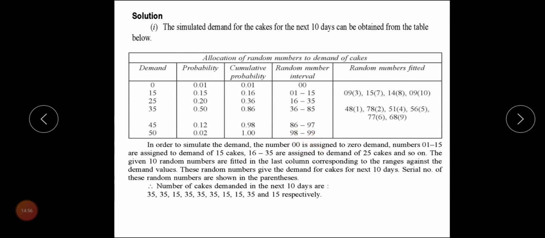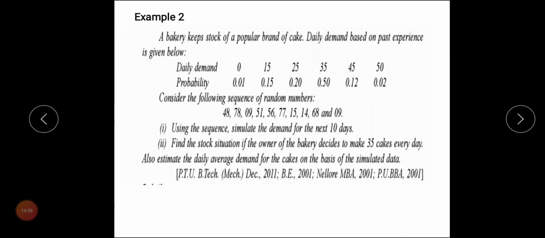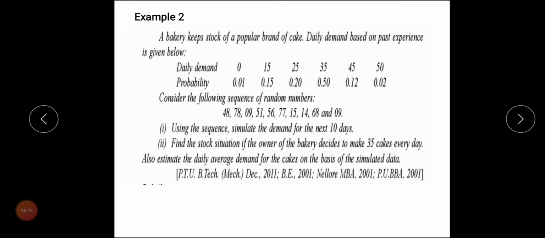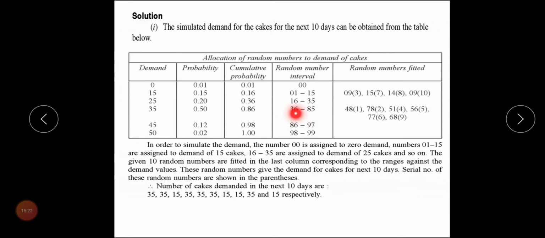Now in the question random numbers are given, one for the first, one for the second, third, fourth, and so on. You find a fit for each random number in the given table. So you can see 48. It is fitting in the interval 36 to 85.